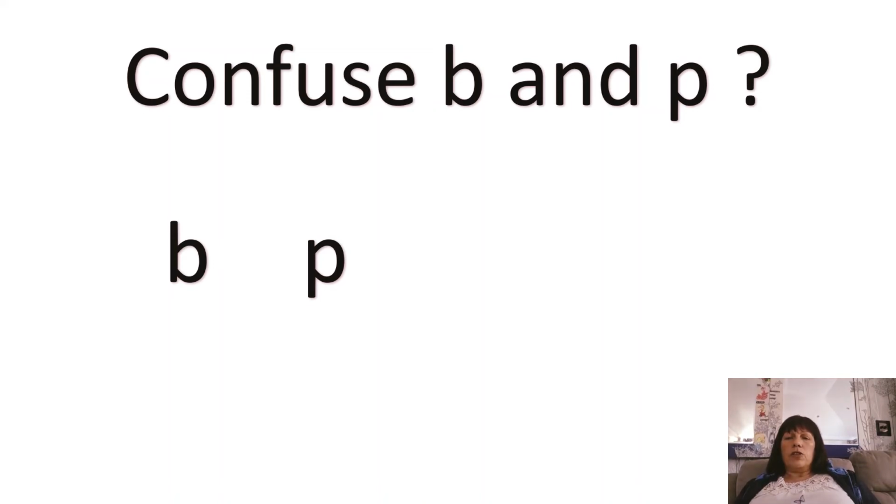Right, so I want you to try to sound the B differently to the P, so that we can make sure that we're not confused by those two sounds. So when you put your lips together for B, I want to actually hear you've put those lips together, holding it tight and hearing the sound B. And then when you do the P sound, I want you to have a lighter touch on your lips.